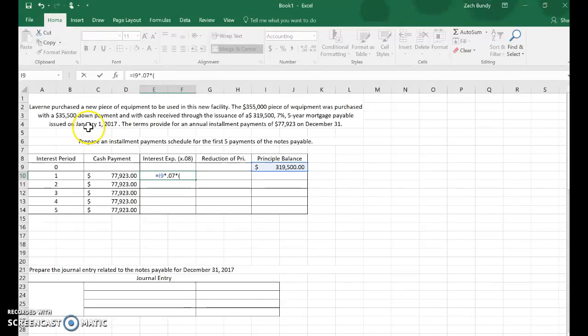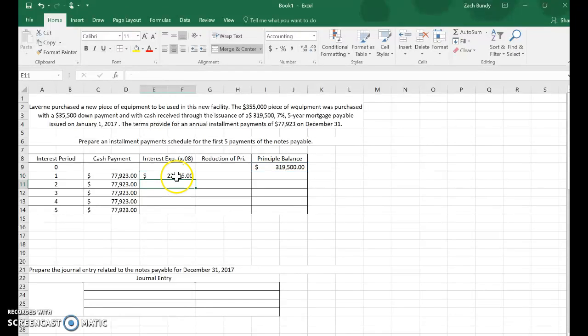We know that we received it on January 1st, 2017, and now we're paying it on December 31st. So that's 12 months. We can do 12 over 12, which is what they show us in the examples in the book. Obviously, 1 would work as well to get our answer for how much the interest is.